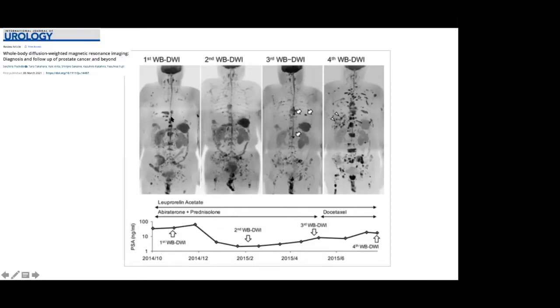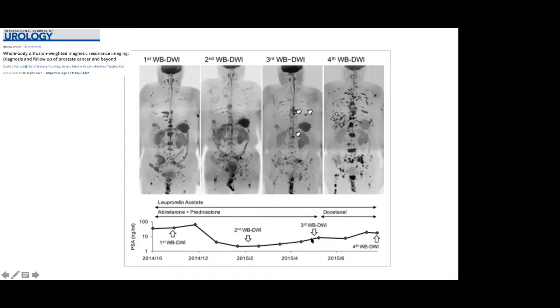You've got a first MRI, and it shows extensive disease. Then they get treatment with abiraterone and prednisolone, and we do a second whole body MRI. At this point, the disease is much less, and that's reflected in a decrease of the PSA.